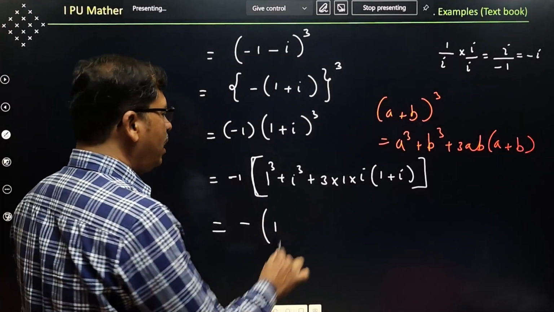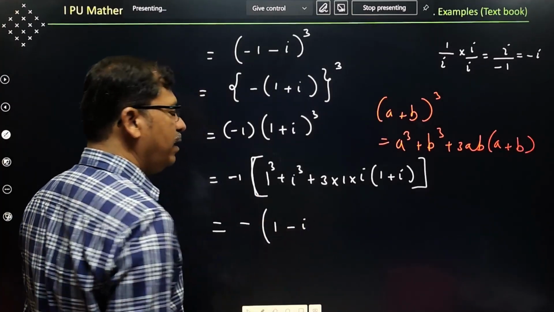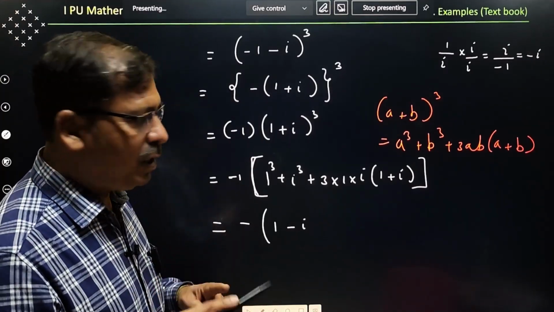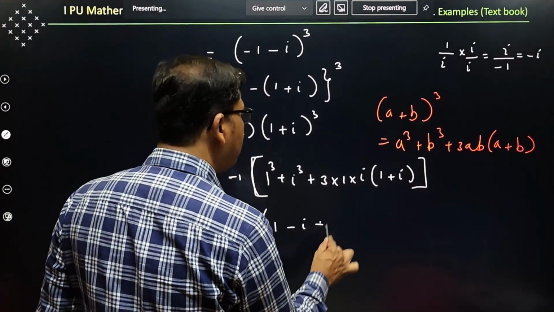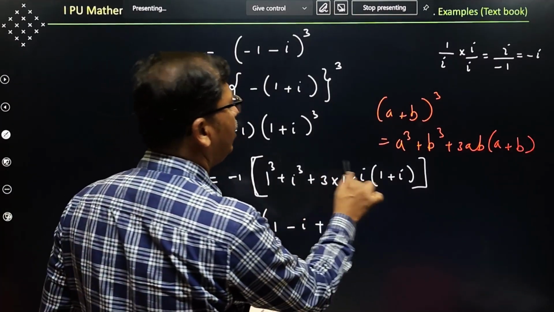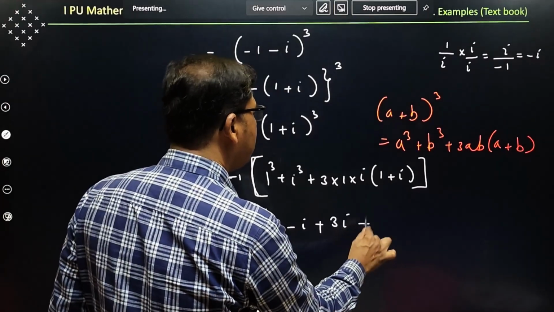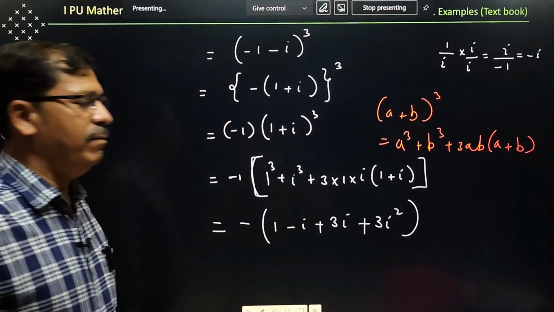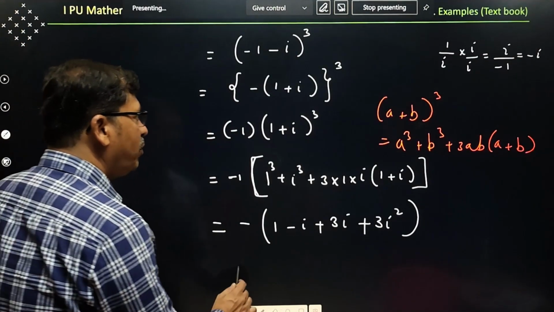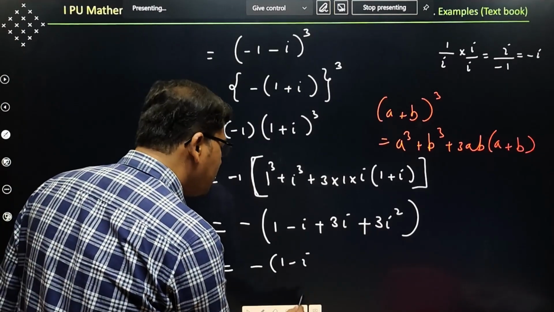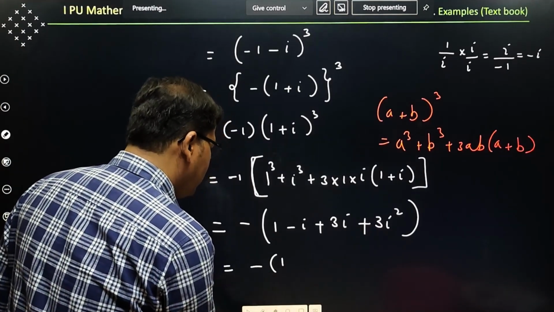Okay, this is equal to minus outside, keep minus outside, 1 to the power 3 is 1 only, i cube value is minus i, because i squared into i, i squared value is minus 1, into i is minus i, plus 3i, simply 3 into 1 into i is 3i, 3i into 1 is 3i, plus 3i into i is 3i squared.